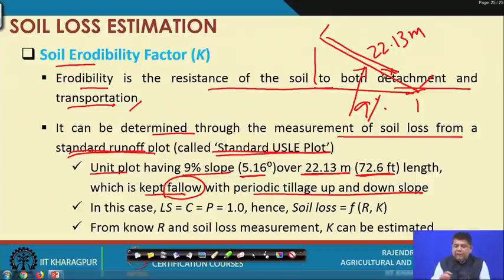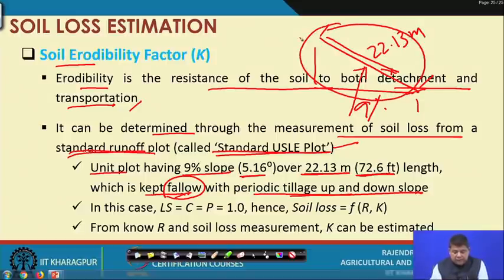So, this plot is left fallow, and if it follows the standard dimensions, that is, slope is 9%, length is 22.13 meters, and it is kept fallow with periodic tillage operations up and down slope, then it is referred to as a standard USLE plot. That is the plot which is measured for soil loss estimation, or for that matter for estimating the soil erodibility factor.